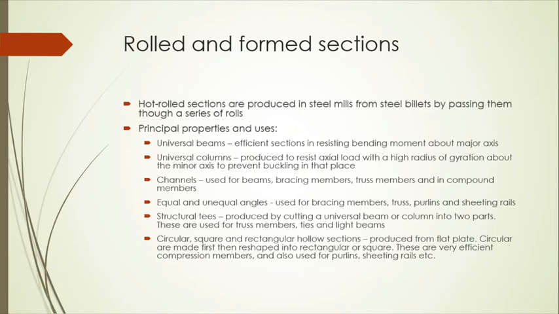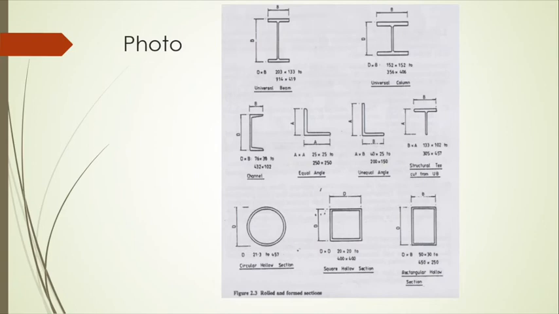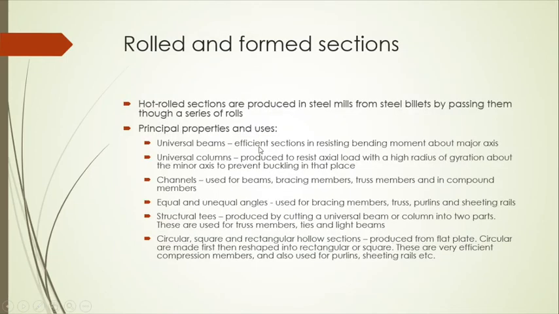So channels are used for beams, bracing members, truss members, and in compound members. Sometimes we have a combination, so they call it compound members. So we have a channel here, mostly used for beams. Sometimes we can apply a hook here, so we can have a moving roller here, especially used in factories.